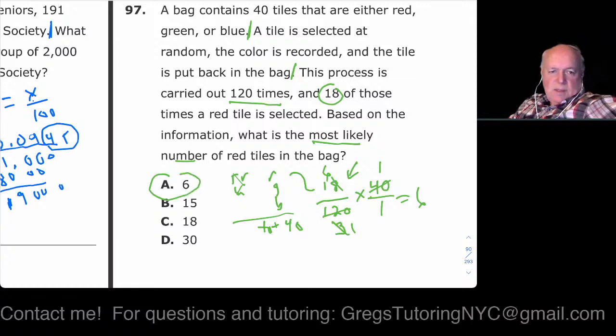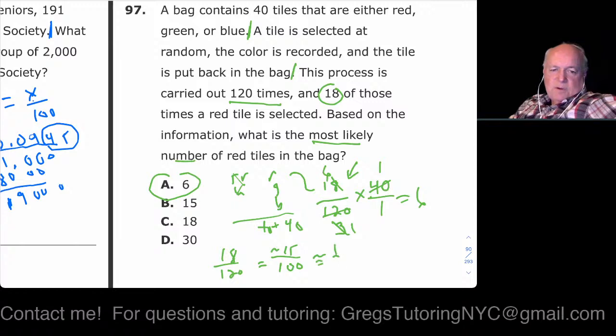If we just do estimation, if about 18 out of 120 were the experimental ones, then out of 100 there's probably about 15, which is about a sixth, if we simplify this even further.